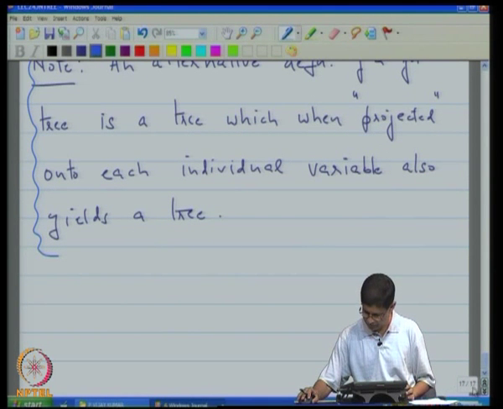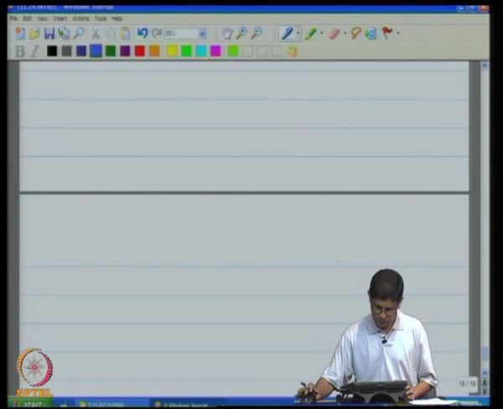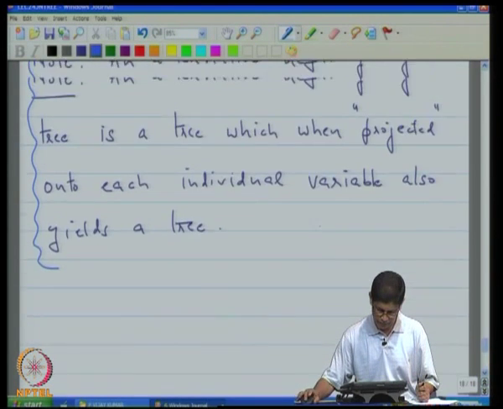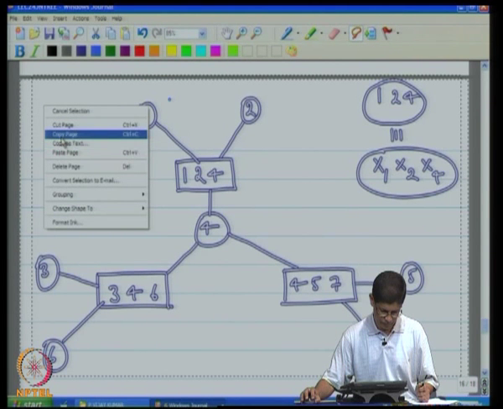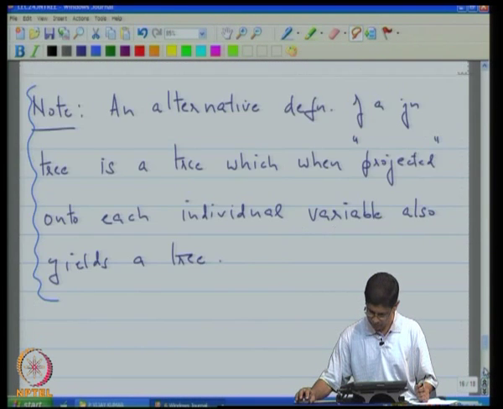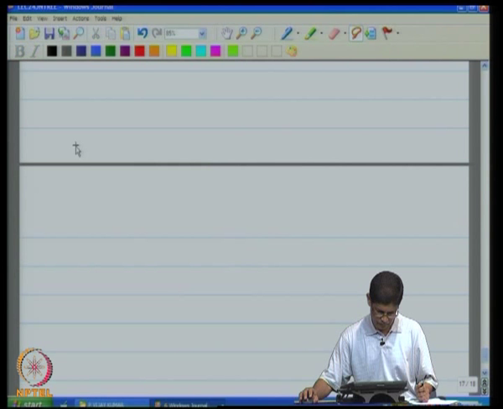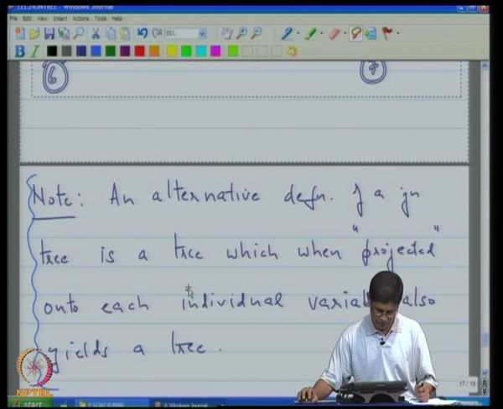So, example. Let us go back over here, take this graph and paste it.